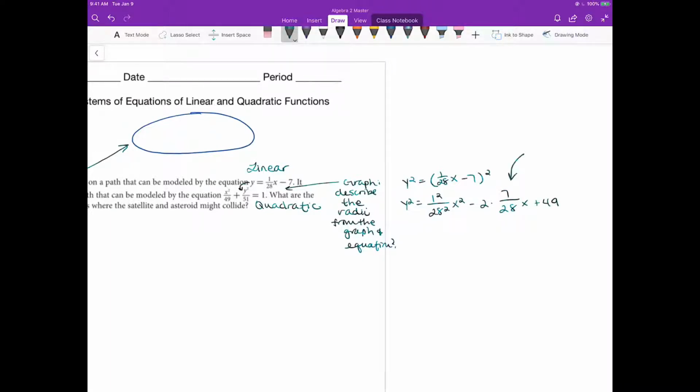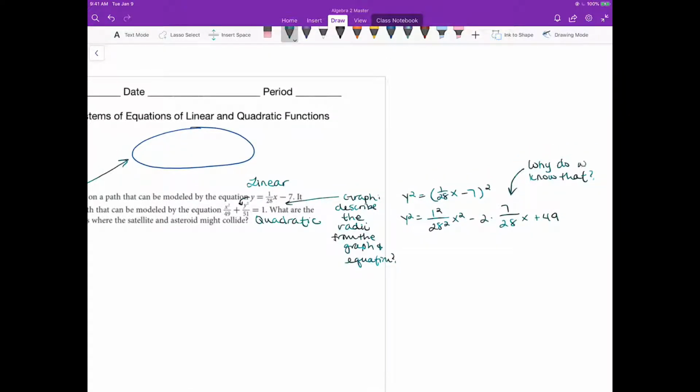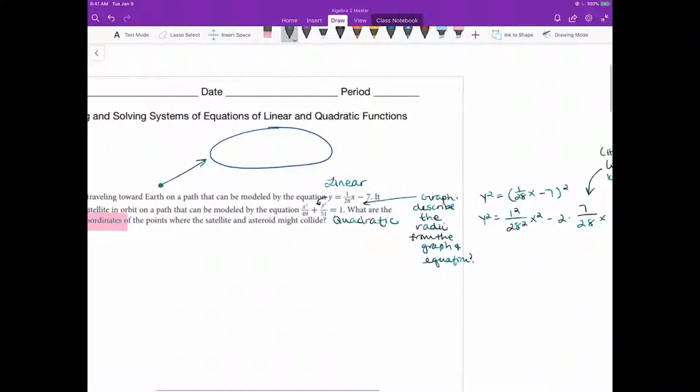And another question you can answer is, why do we know that? Or how do we know that? And then we can substitute that in for y squared.